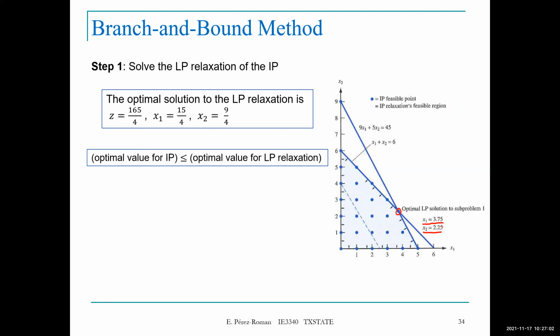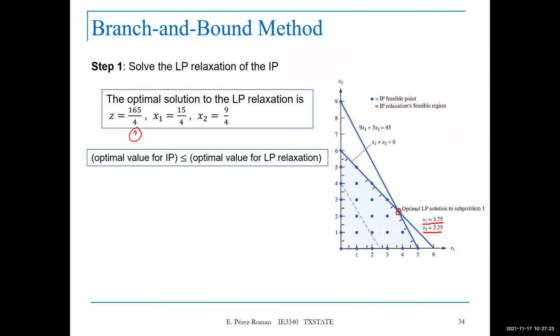What this means in practical words is that you're not going to be able to get a better solution than this one when you solve the integer programming model. The optimal solution of the integer program will not give you a profit higher than this.